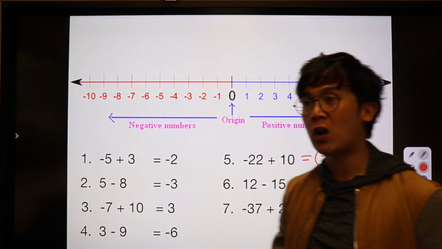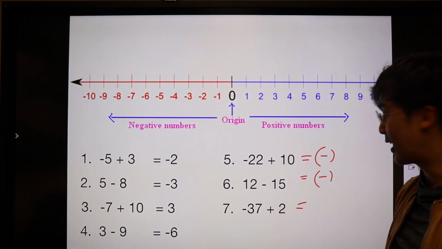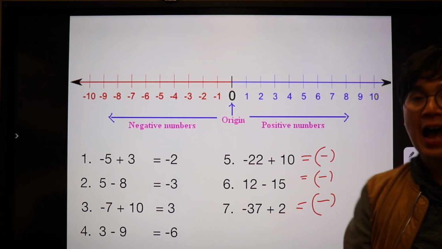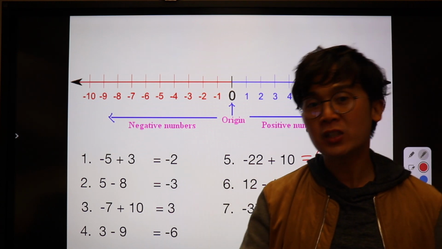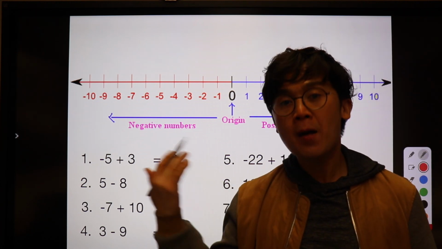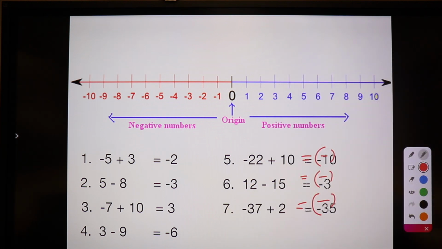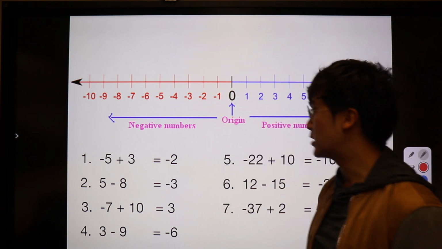So that means the result of your addition in this case is still going to be negative. So that is how you are going to visualize your number line, and how you would know if you're really understanding the concept of the number line when you're adding and subtracting positive and negative numbers. So here we have negative 10, negative 3, and negative 35 as our answers for these questions.